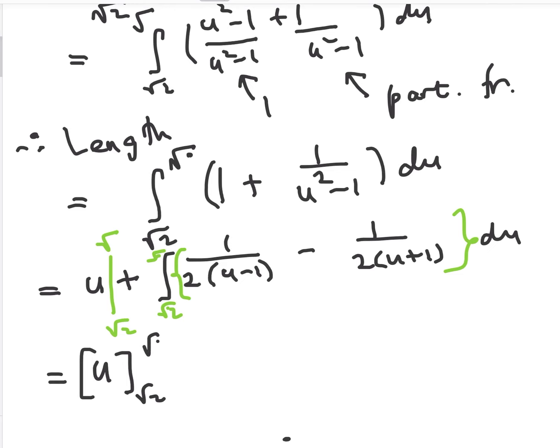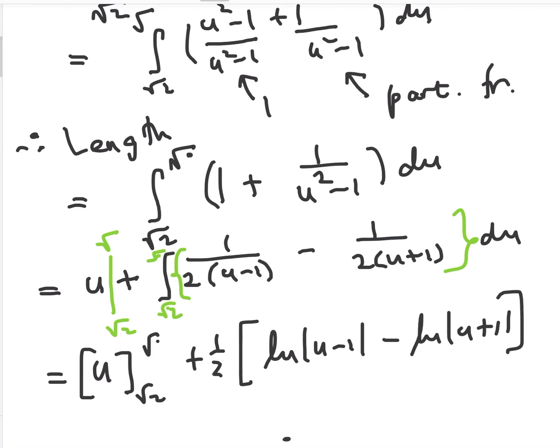Right? Take half out, integrate the respective functions. So this is plus a half into, if you integrate 1 over u minus 1, you get ln of u minus 1, and if you integrate 1 over u plus 1, you get the ln of u plus 1 mod, of course, and eventually you'll put in square root of 2 and an upper square root.